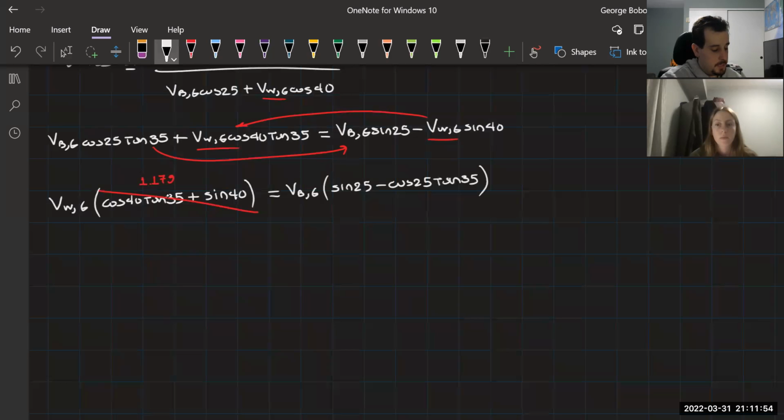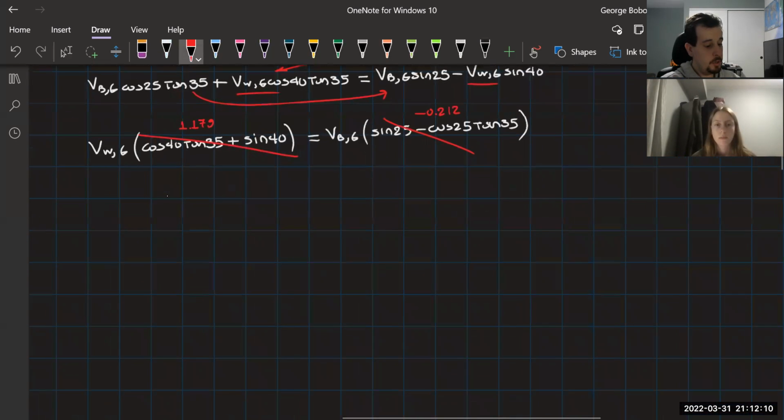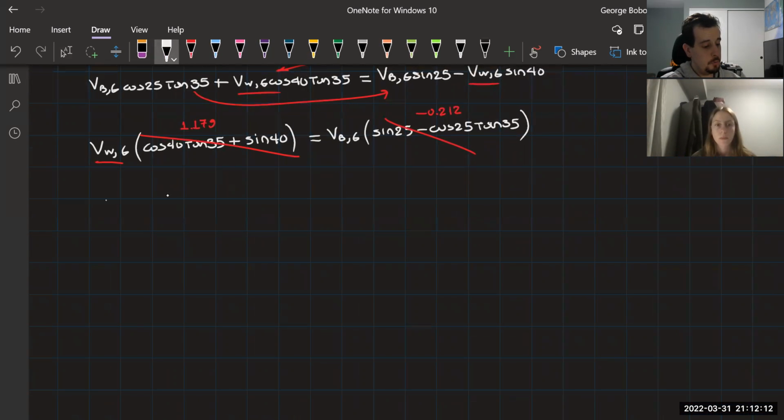Cos 25 times tan 35 times -1 plus sine of 25. All right, so this is negative 0.212. So VWG is negative 0.212 divided by 1.179 times VBG.